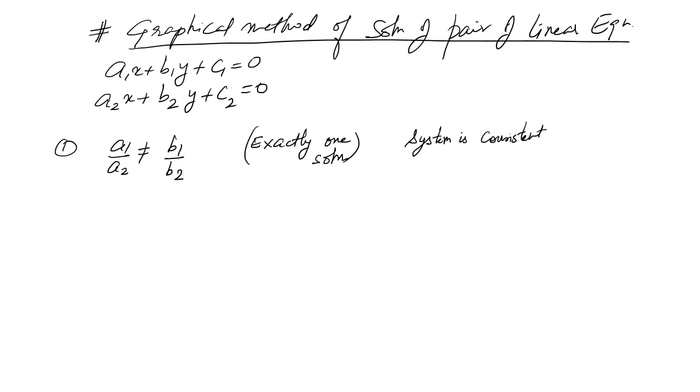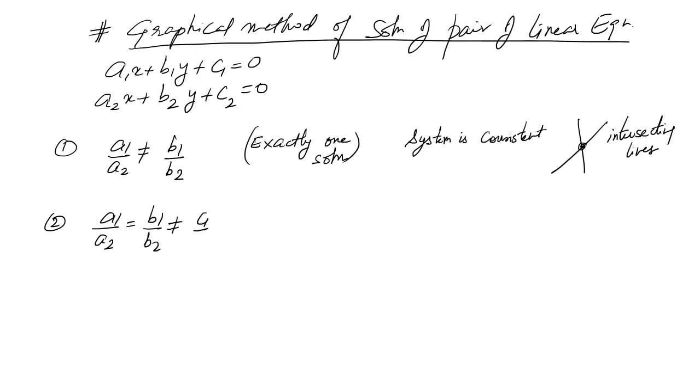And what will be the graph? Graph will be intersecting lines. कौन सी लाइन होंगी? Intersecting lines. Okay. Second case, if we compare the ratio a1 by a2 is equal to b1 by b2 but not equal to c1 by c2, right?